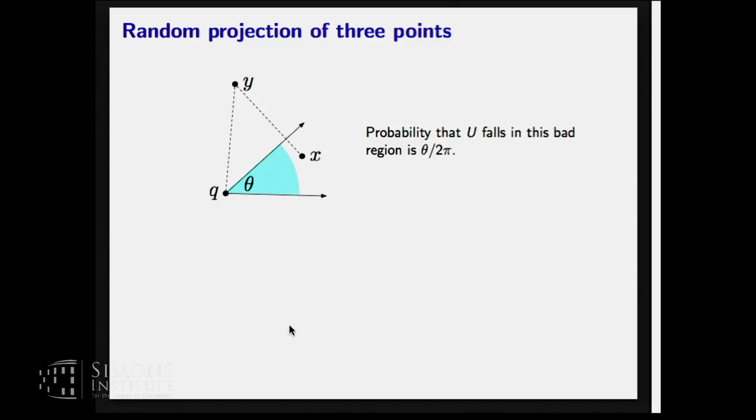Now we keep going. These are all bad angles. If you project over here, then y falls between x and q. And this is the last one at which you run into trouble, because y falls on top of q. So there's this bad angle, and the probability of falling within that angle is just theta over 2 pi. And what is theta? Well, this is just high school geometry: similar triangles and sines and cosines.